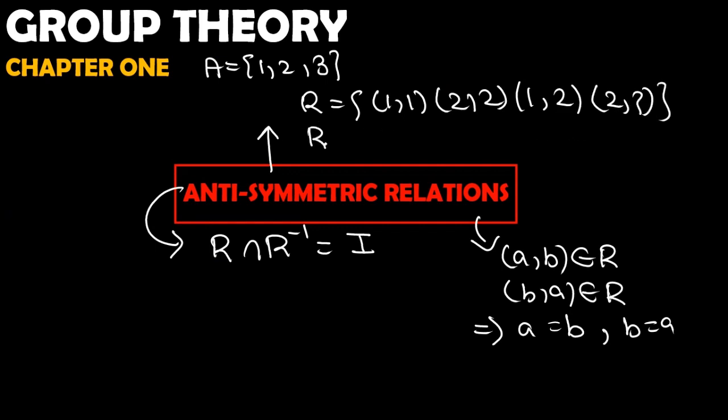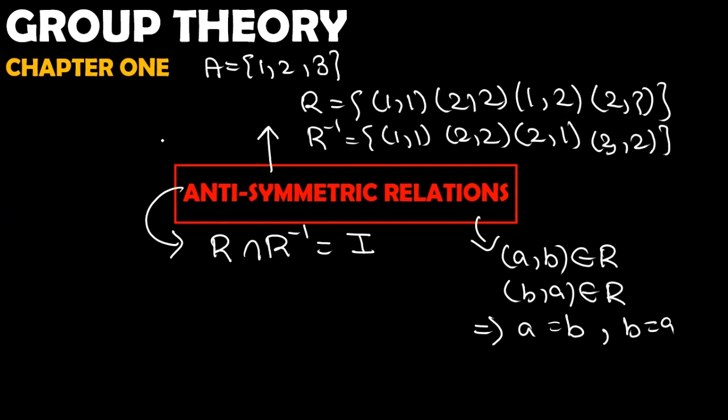Then the inverse of the relation will be written as (1,1) remains the same, (2,2) remains the same, (1,2) becomes (2,1), and (2,3) becomes (3,2). If we take the intersection of R and R inverse, we get (1,1) and (2,2) only, right?